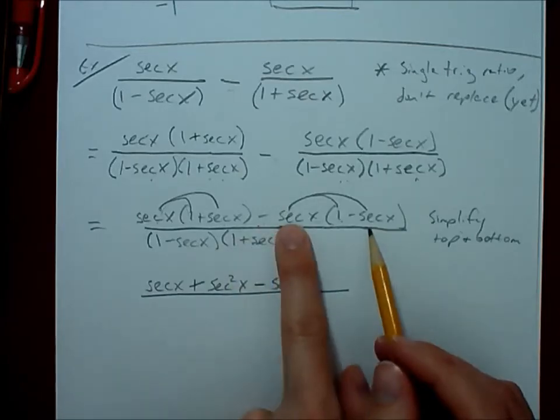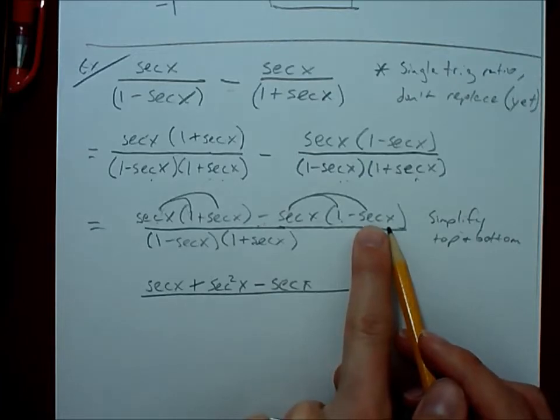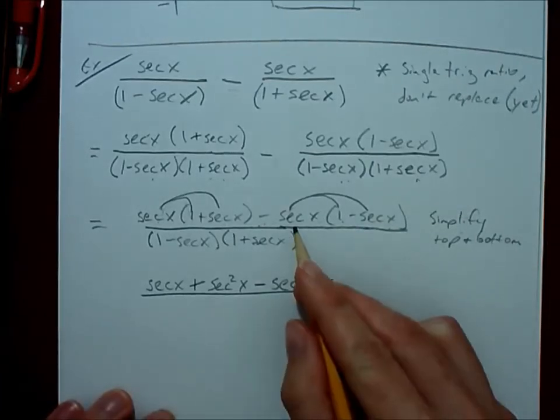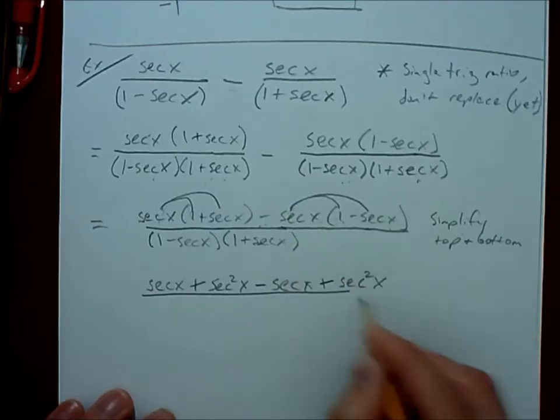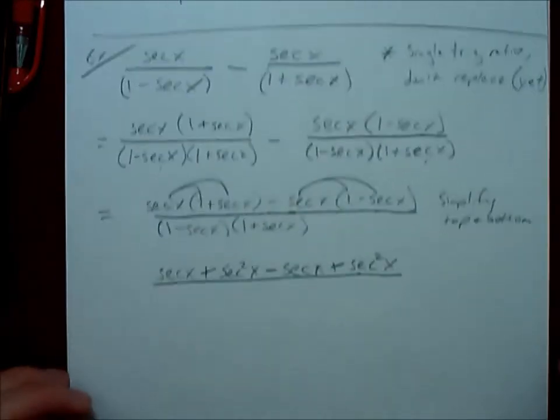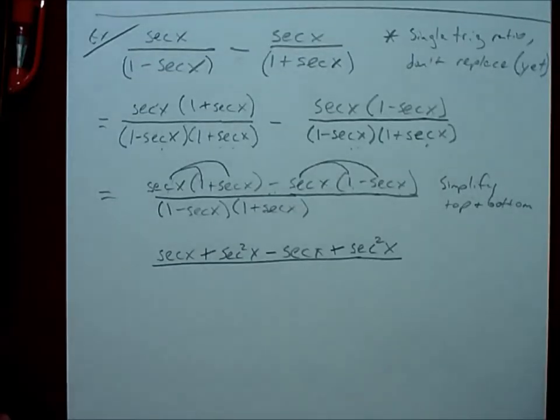And here, we're going to take the negative secant times this negative secant. And what happens to the negative signs? And we end up with secant times secant, which is, of course, secant squared. And you might already see some simplification that's going to happen on top.